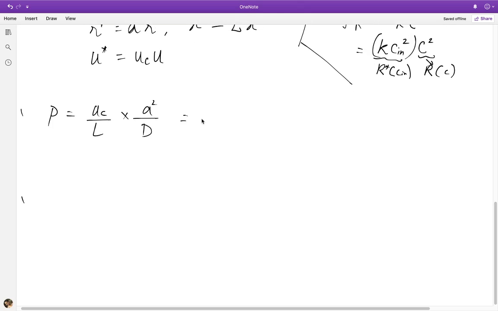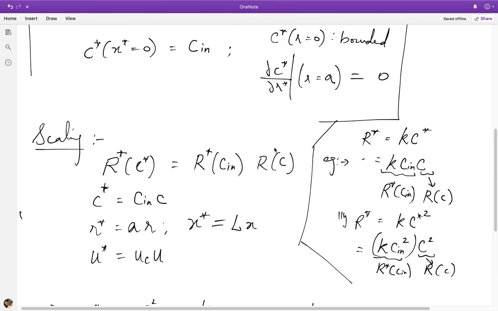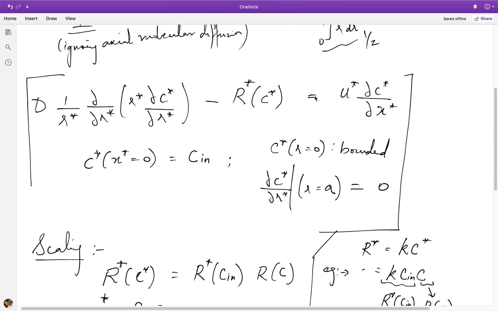So I get this product, which is nothing but the diffusive time over the convection time in the axial direction. This is the diffusive time in the radial direction, and this is what I call the small p, or the axial Peclet number. I am of course going to assume that this axial Peclet number is small in my subsequent method of averaging. That's my basic assumption.